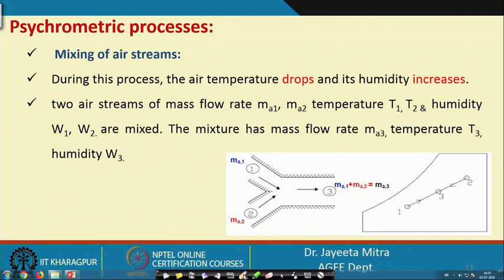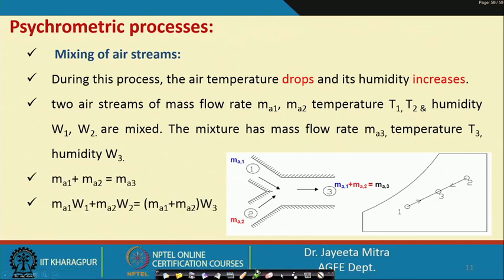So, in this process 2 streams having mass flow rates Ma1 and Ma2, and also having different moisture content and enthalpy, are getting mixed, and most of the time they will end up in an intermediate condition. So, we can calculate the mass by Ma1 plus Ma2 equals Ma3, and all other properties based on these equations.